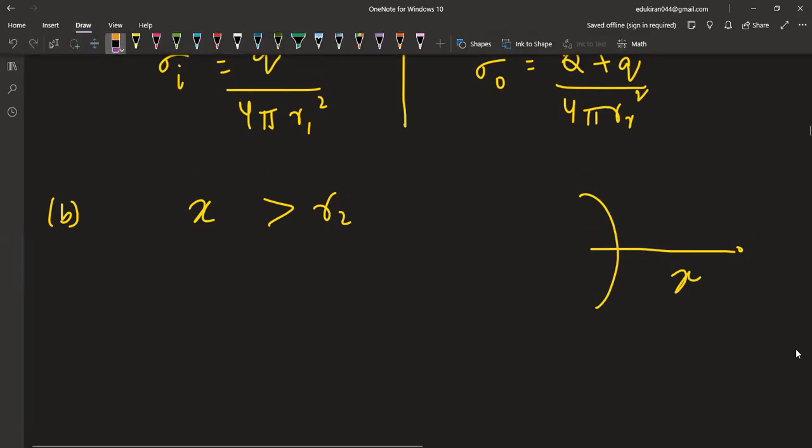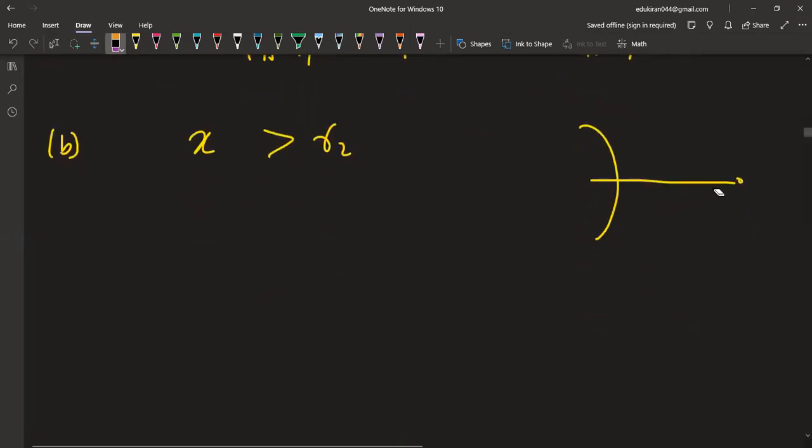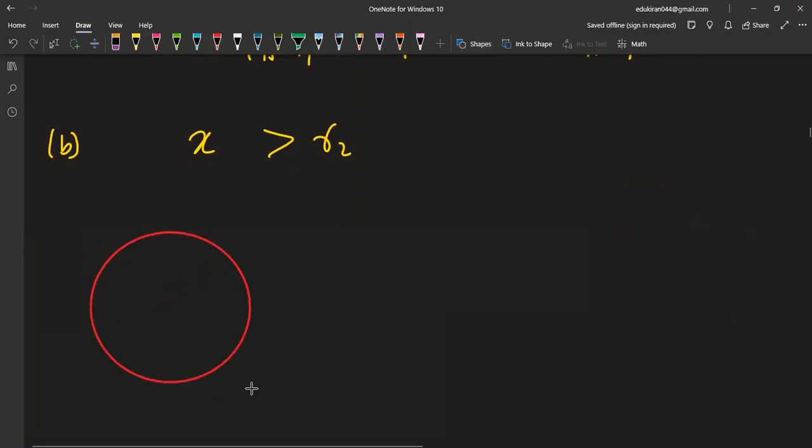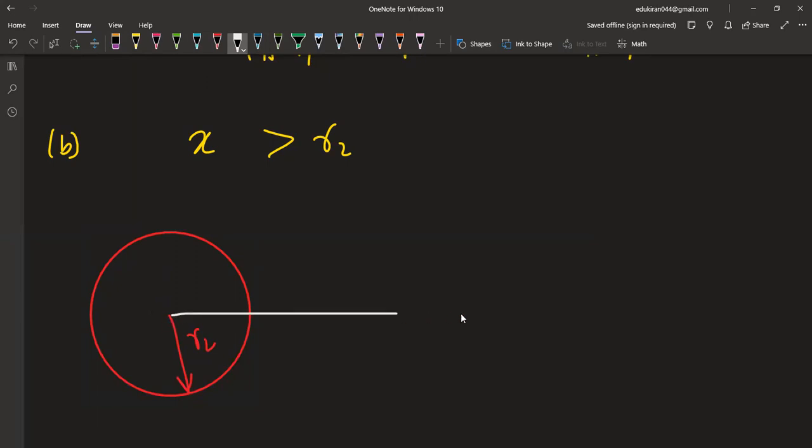This is the sphere, the radius of the sphere is R2, and it is saying at a separation X, you have to calculate the electric field.